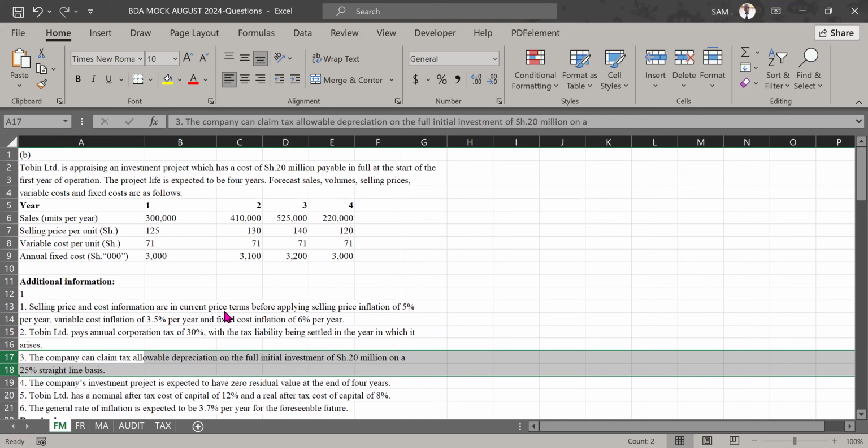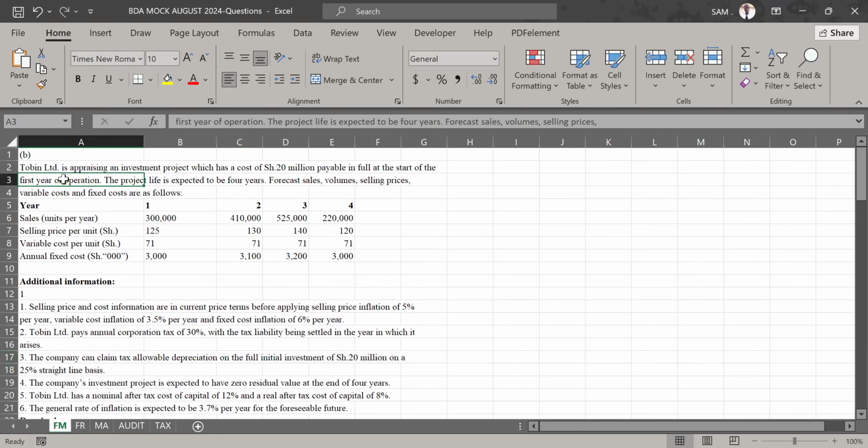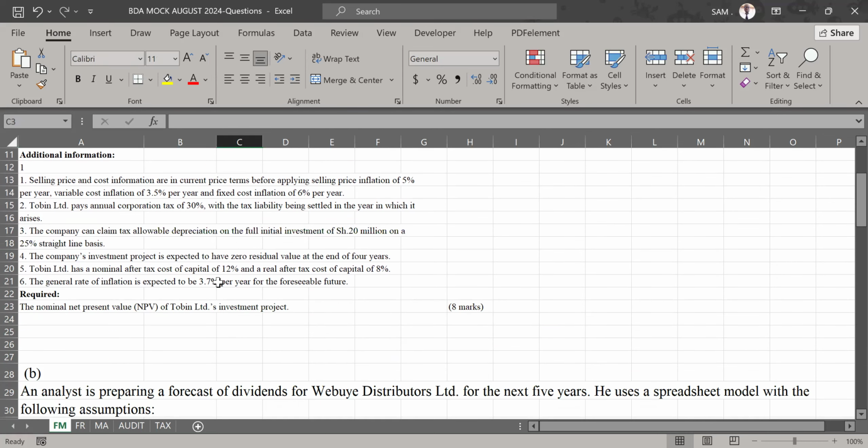So our project is running for how many years? 4 years. You can see from the start of the question, the project life is expected to be 4 years. So that's where the salvage or residual value is coming in. And normally you recoup back, you recover that residual value, we normally add it because it is something we recover when we dispose of the asset.